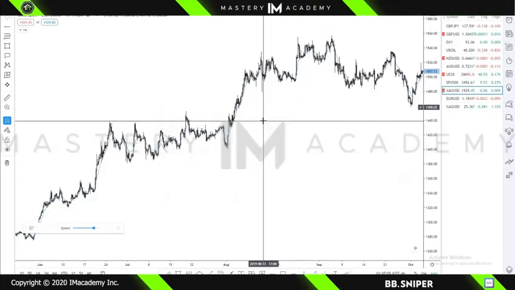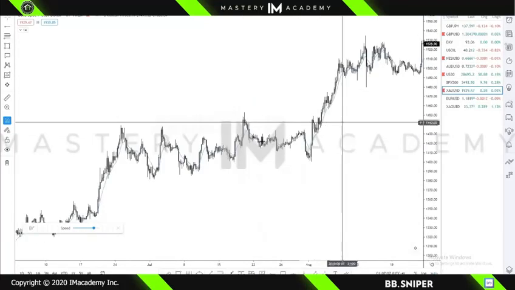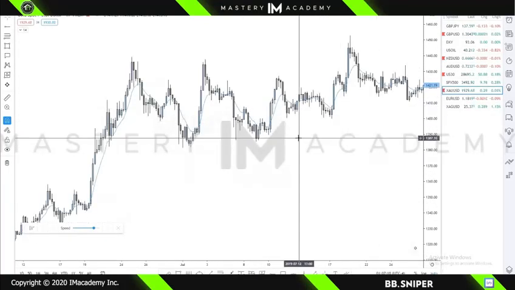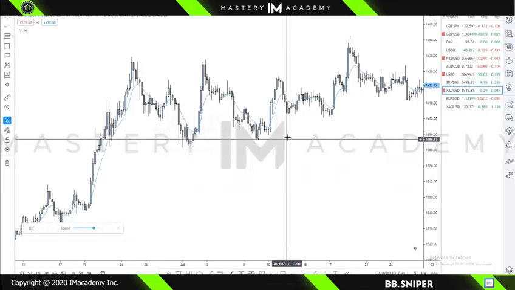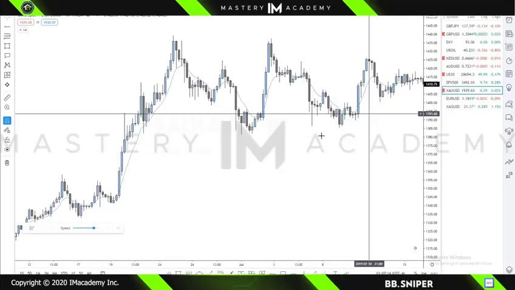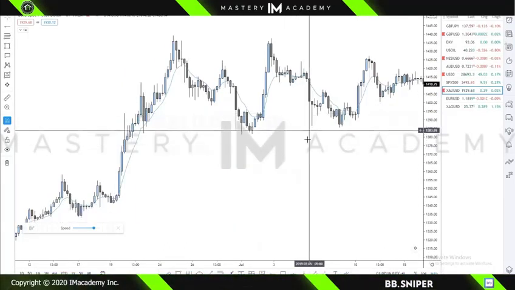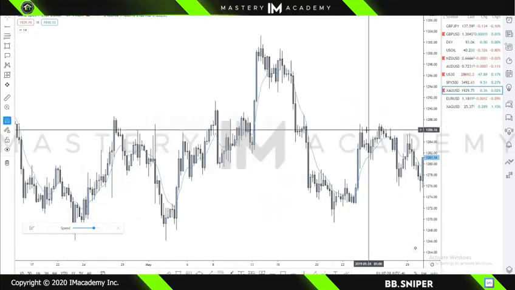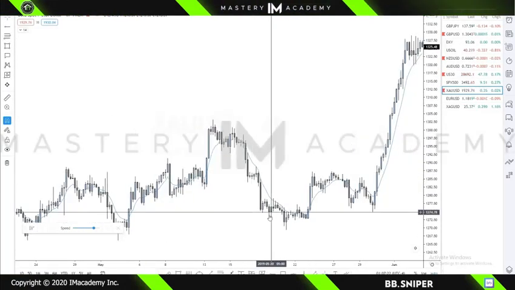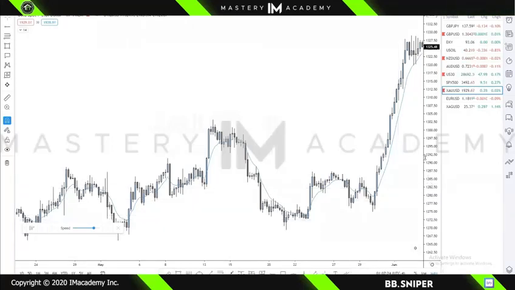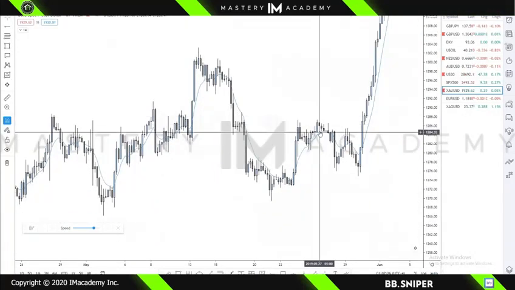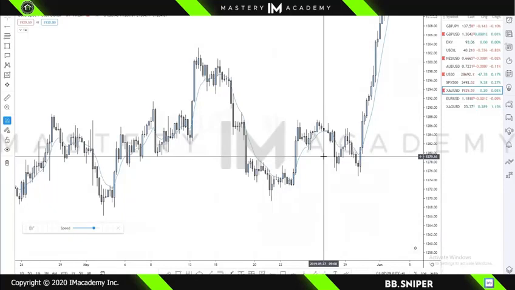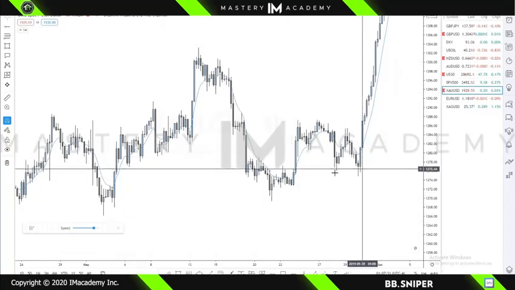All right, we're going to go on this 4 hour here. See if we get some more examples going. Okay. All right. Here's an example. I remember actually playing this way, way back, taking the buy from here, right?